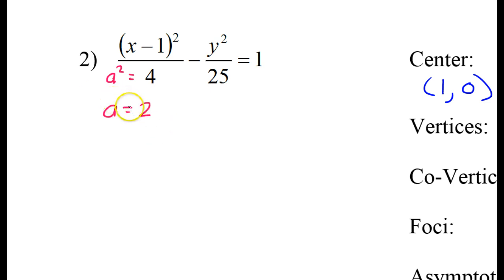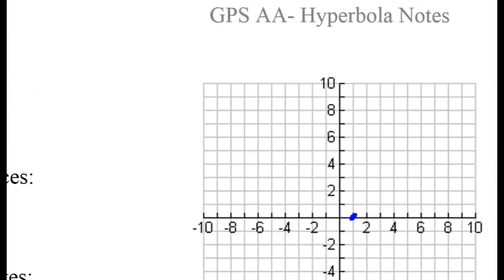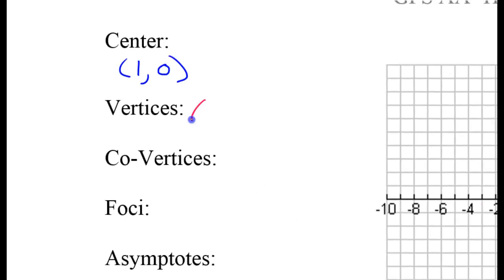This is where I will get my vertices. Because the 4 is with the x term, I'm going to do plus or minus 2 in the x direction. So starting from my center, I'm going to do 2 to the left, vertex, 2 to the right, another vertex. So my vertices are -1, 0, and 3, 0.